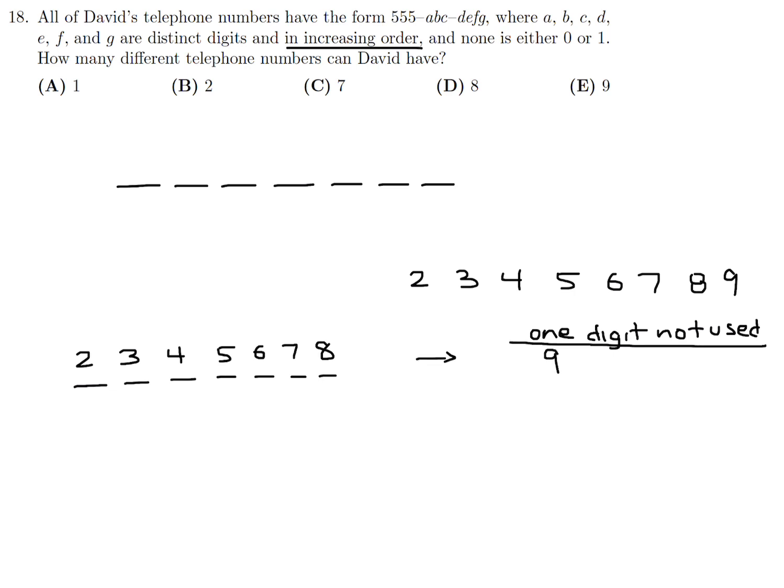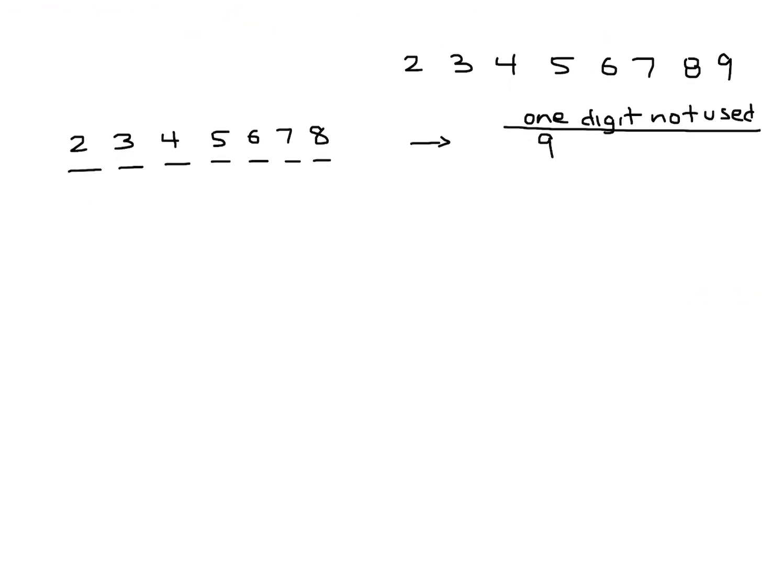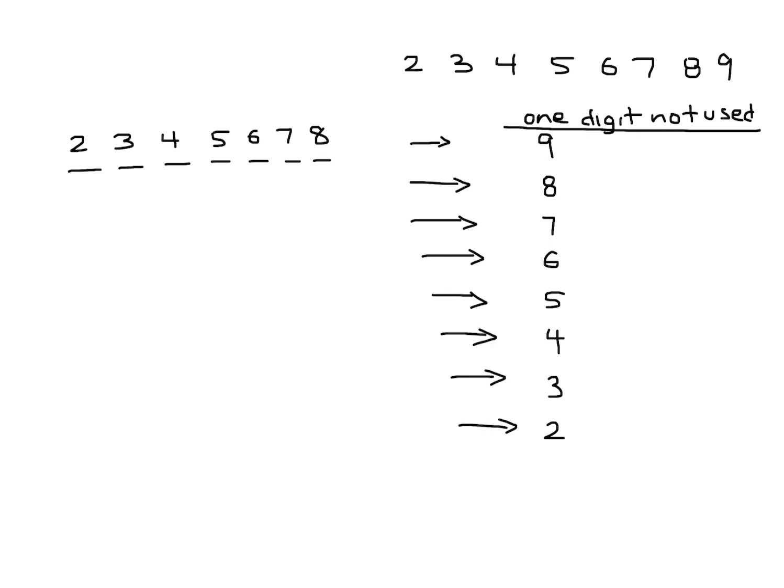And in a very similar way, if you don't use 8, and then don't use 7, and don't use 6, 5, 4, 3, and 2, you'll be able to get a string of 7 other digits in increasing order. That will be possible. Let's see how that works out.